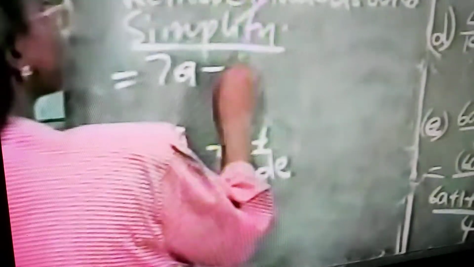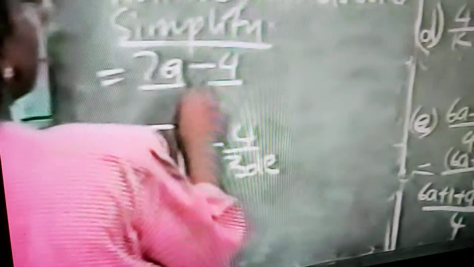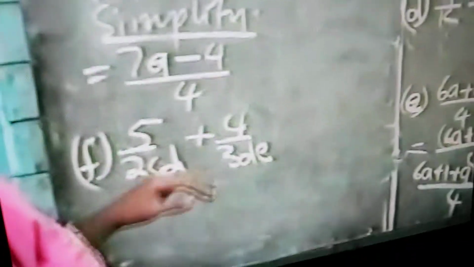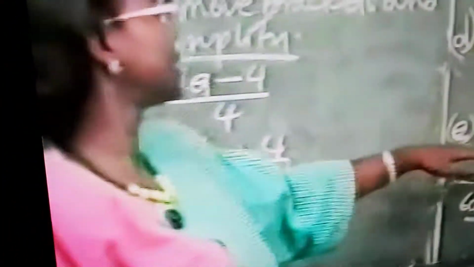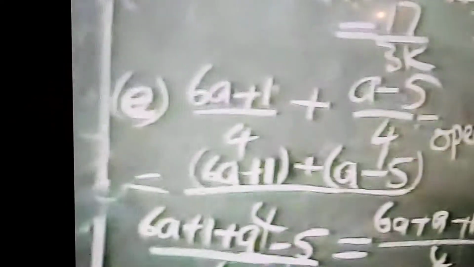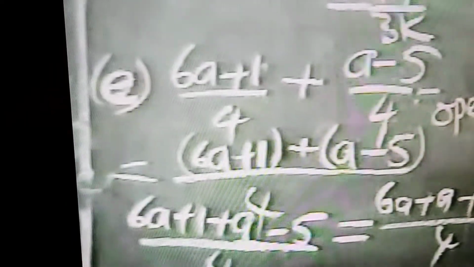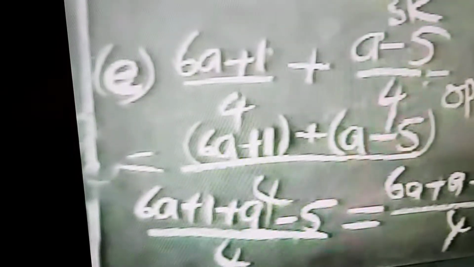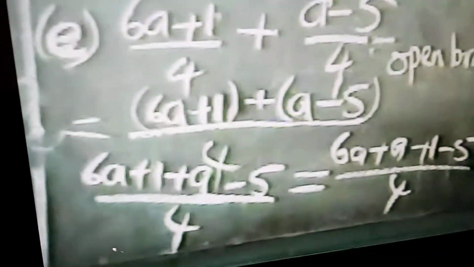Plus 1 minus 5 will give you minus 4 all over 4. And that, I'm sure you'll agree, is simpler than what you have here. So when they say simplify, it means reduce this to a very, very simpler form. It is not an equation, and you are not expected to solve for the letter.